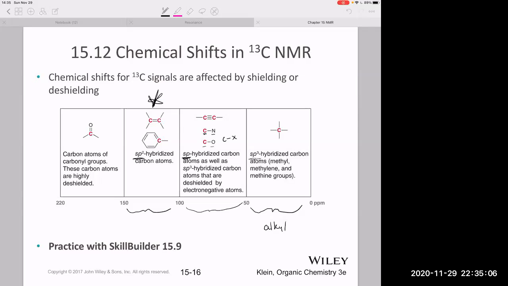And then lastly, and this is one of the most signature ones, the 150 to 220 range is specific to carbonyl carbons. So anytime you see something in the 150 to 220 range, you know it's a carbonyl carbon. Okay, so having something fall in one of these two here can give you a really good idea as to what your compound is, even before you start looking at integration and number of chemically distinct carbons and all that good stuff.